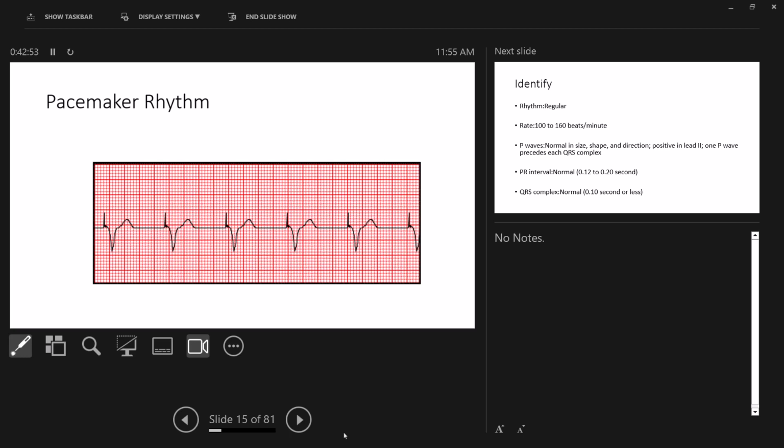Okay. If you just tell me this is a pacemaker, awesome. You're getting all the points. If you tell me it's a single chamber, or if you call it a ventricular pacemaker, that's okay too, because it's stimulating the ventricles. I'll give you some bonus points. If you tell me it's a dual chamber and you see both of them, you'll get some bonus points there. Okay. Excellent.